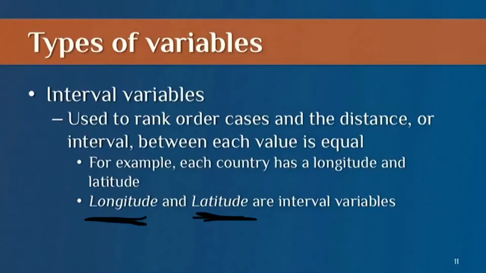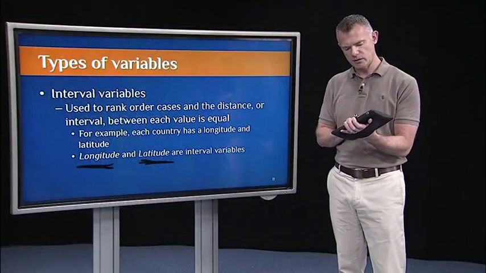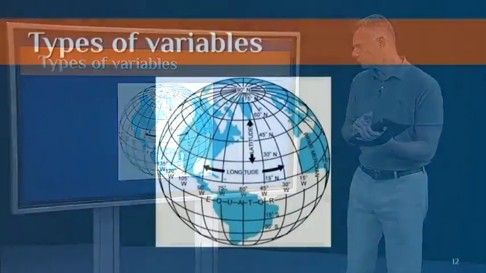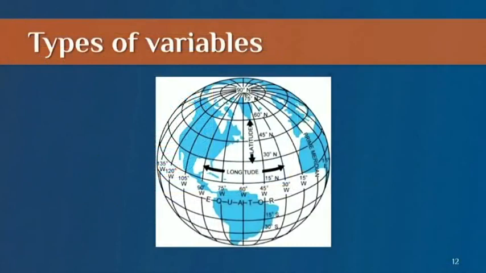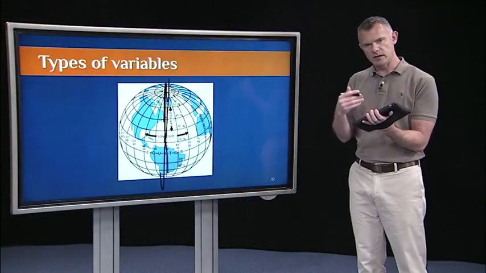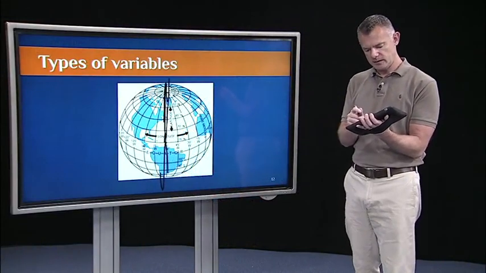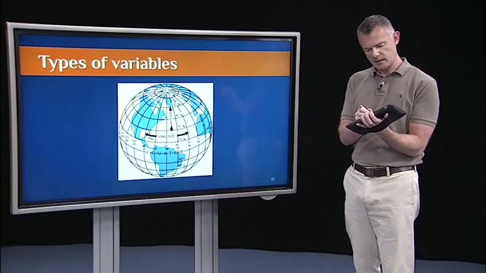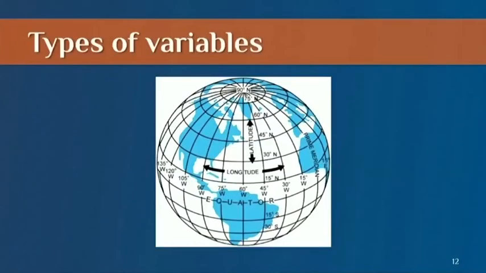And in case you're not familiar with longitude, latitude, here's an image of the globe. So longitude just refers to sort of east-west where are you on the globe, and latitude just refers to north-south, where are you on the globe. And again, the point of this interval variable is the distance between, say, 0 degrees latitude, which is the equator, which is right here.